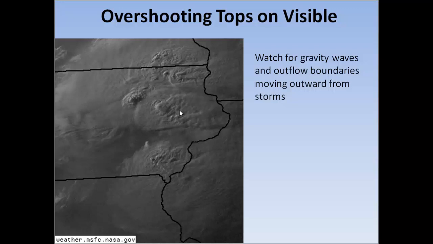It's just a good idea to keep this in mind, that these storms do produce gravity waves and outflow boundaries that can be seen on satellite and on radar as well, and they can move outward from storms for many miles.